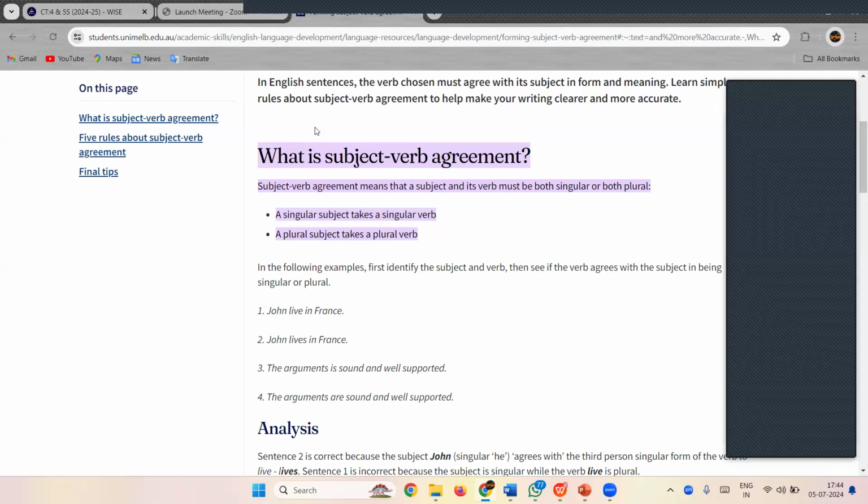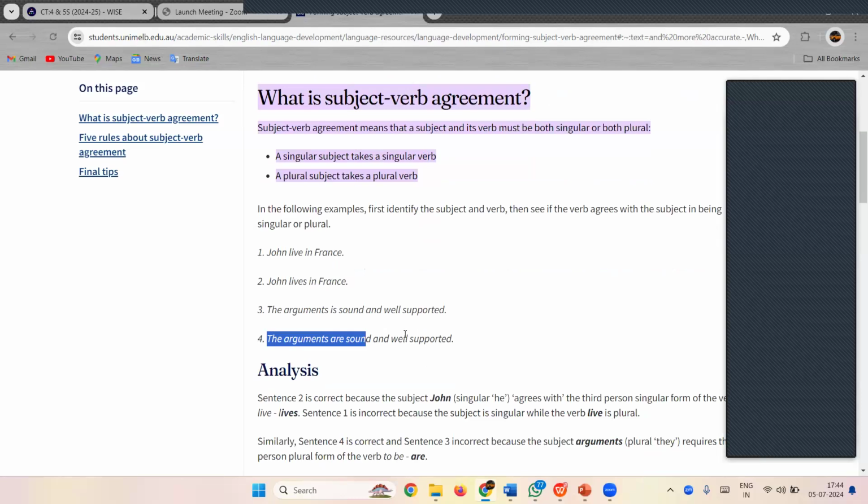It's plural, ma'am. Okay, so when arguments is plural, you have to use the verb also in the plural form. So that is why the fourth one is right.